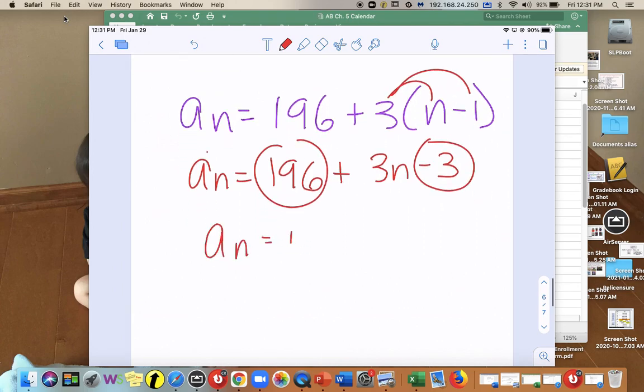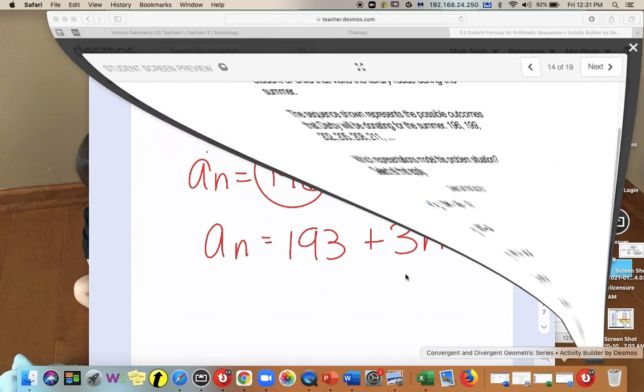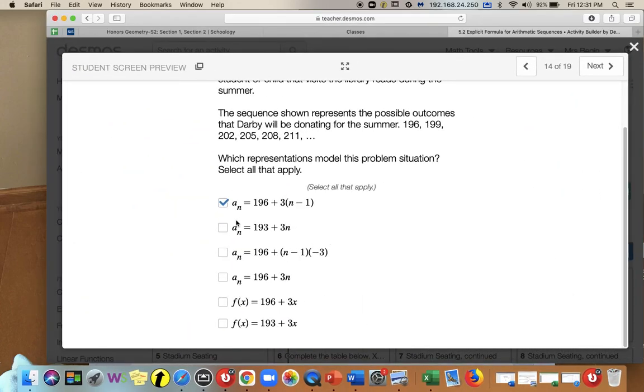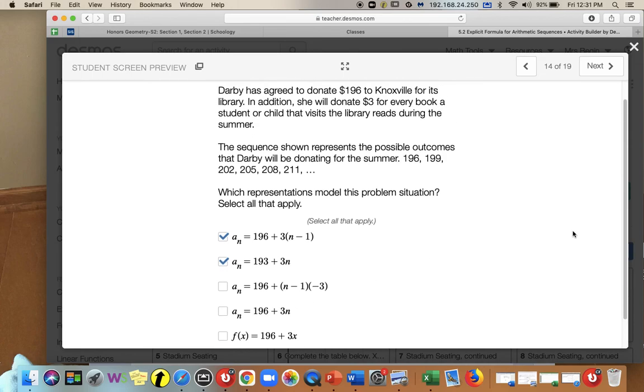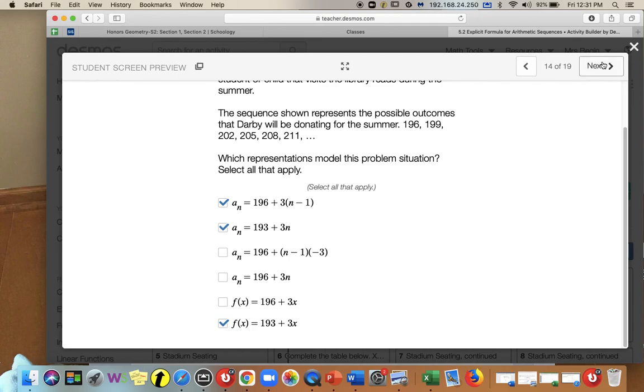So another way to write this is 193, which is the y-intercept, plus 3n. So you can also start at, if the zero term is 193, and add 3 every time. So let's look for that. So here it is, 193, we're adding 3 every time. We can also put it in terms of x, but again, if you do that, the y-intercept is 193 because the first term is 196. So several representations for that as well.